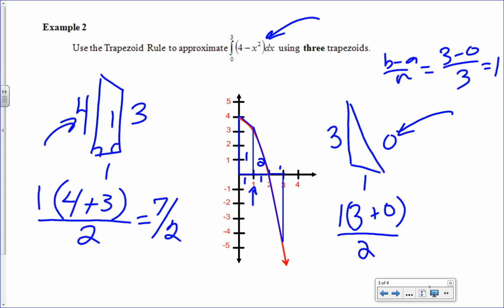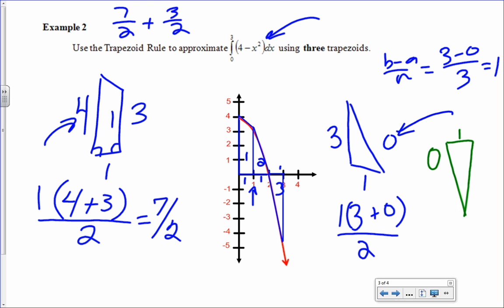So let's maybe write our numbers here. We got 7/2. We're going to add on now 3/2, right? Now the third one. Perhaps we'll do a different color. 1, 0 for this side.